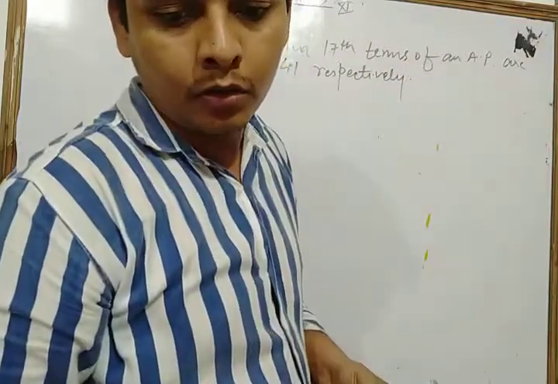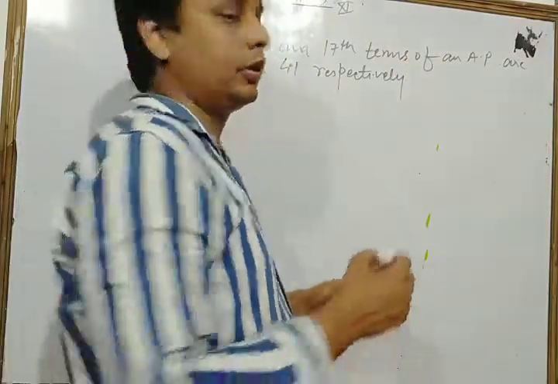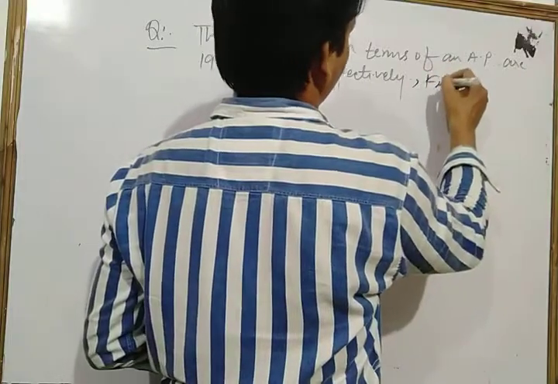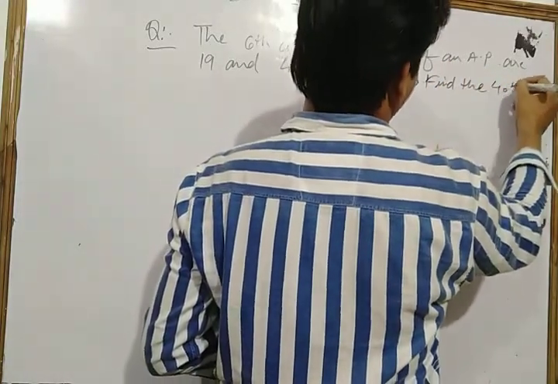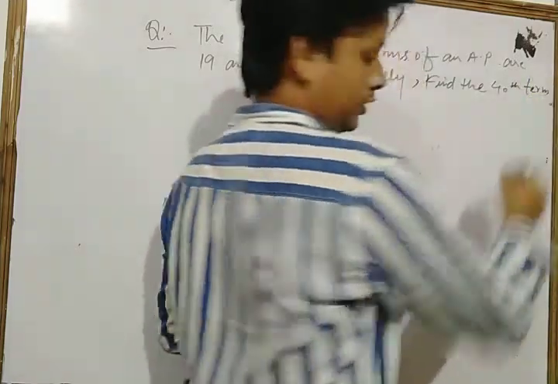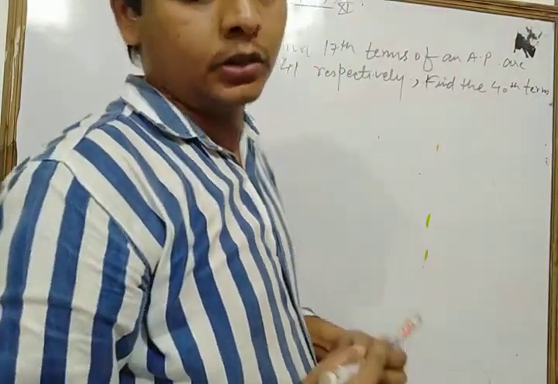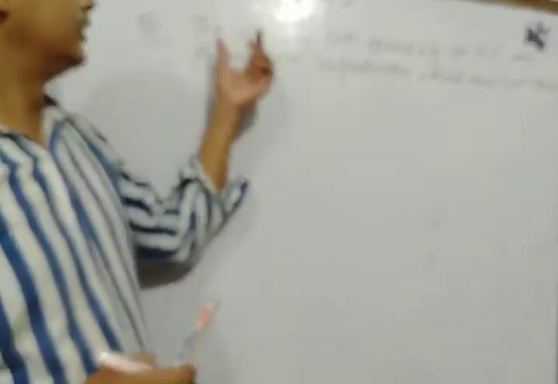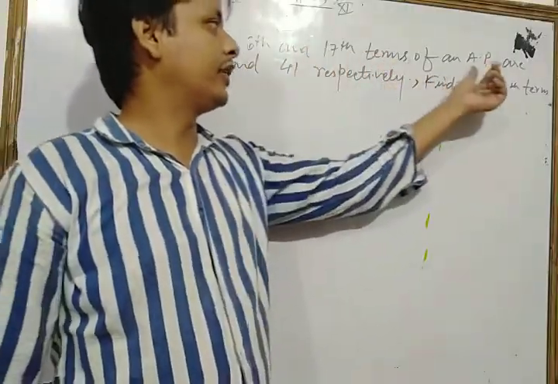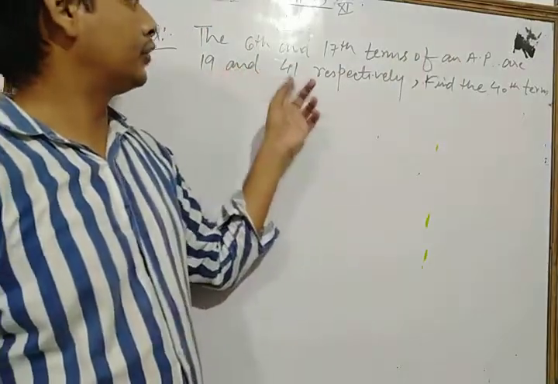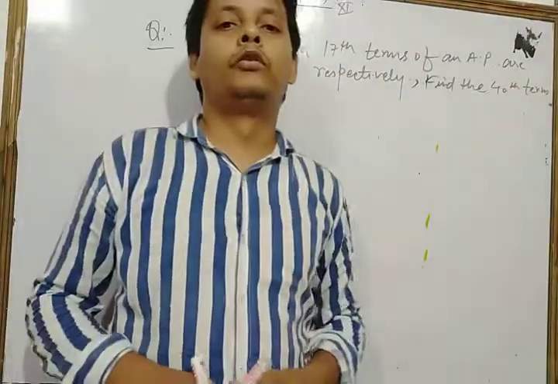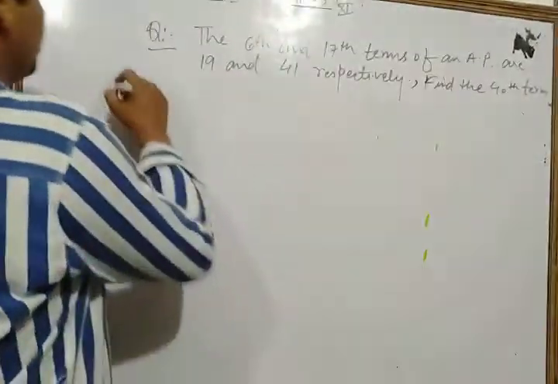Find the 40th term. This is the question here: the 6th and 17th terms of an AP are 19 and 41 respectively. Find its 40th term. Now let's see its solution.